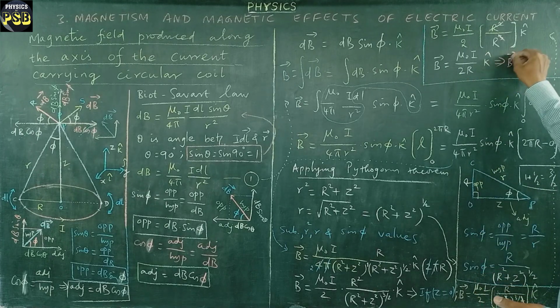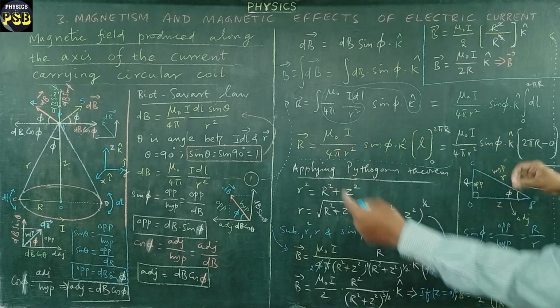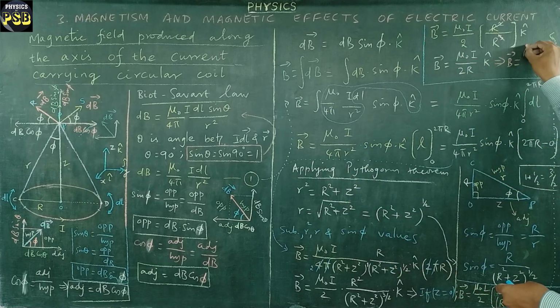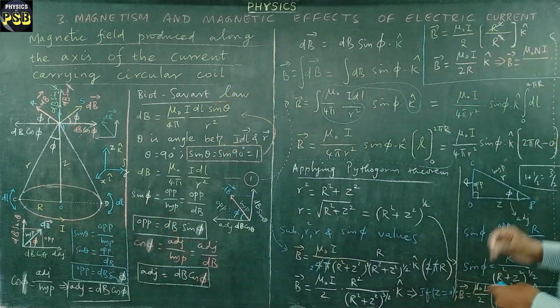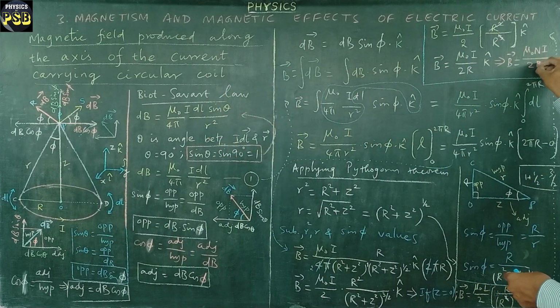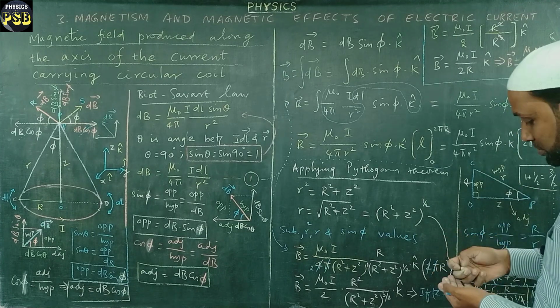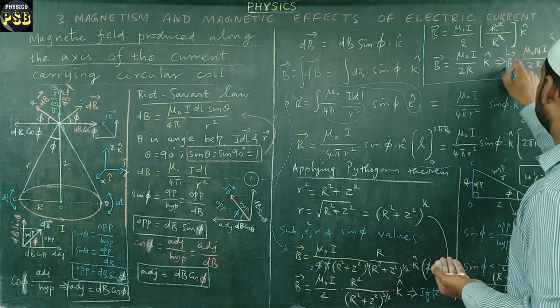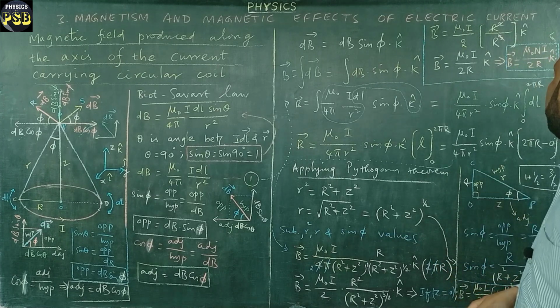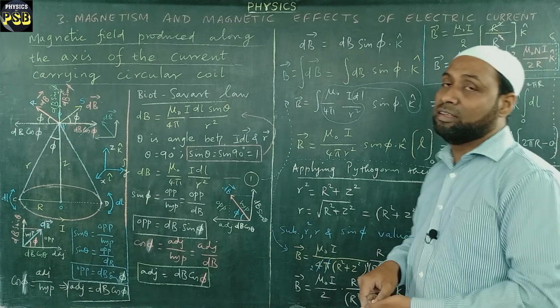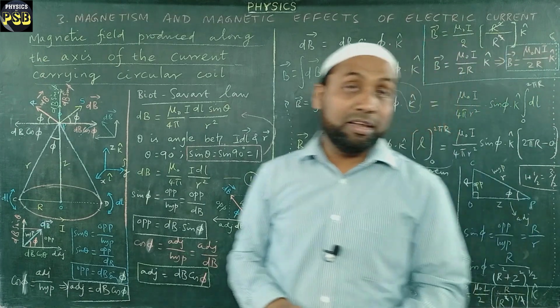The magnetic field in that case, if it consists of n number of turns, then I mention n here, which represents the number of turns in the coil, mu naught n I upon 2R K cap. This is the final expression of magnetic field due to a current carrying circular coil.